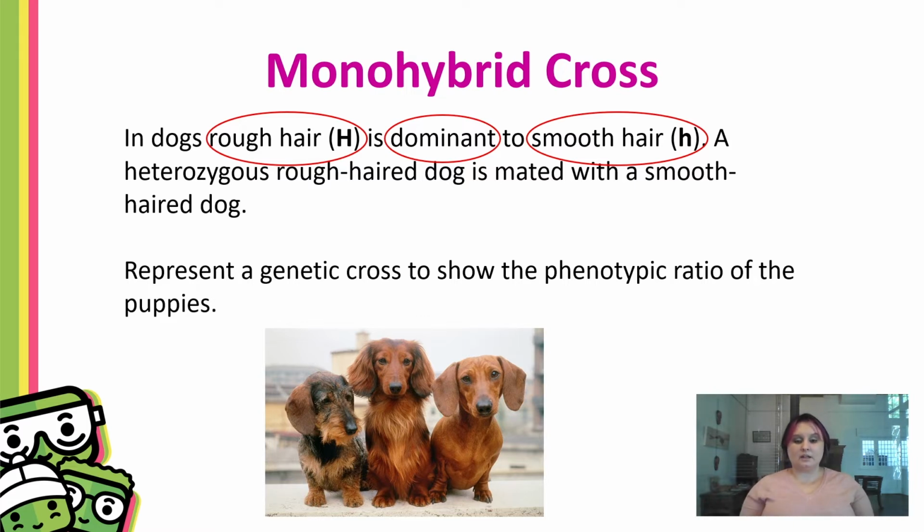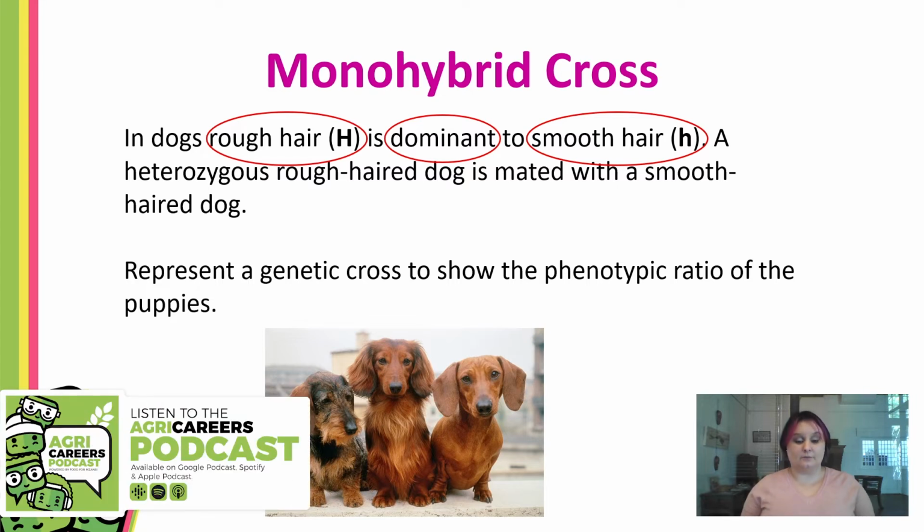So this is the case where if a dog has one allele for the rough hair, the capital H, that is what's going to show up in their phenotype or their physical appearance. So if they've inherited just one copy of the rough hair gene, then that dog will appear having rough hair.